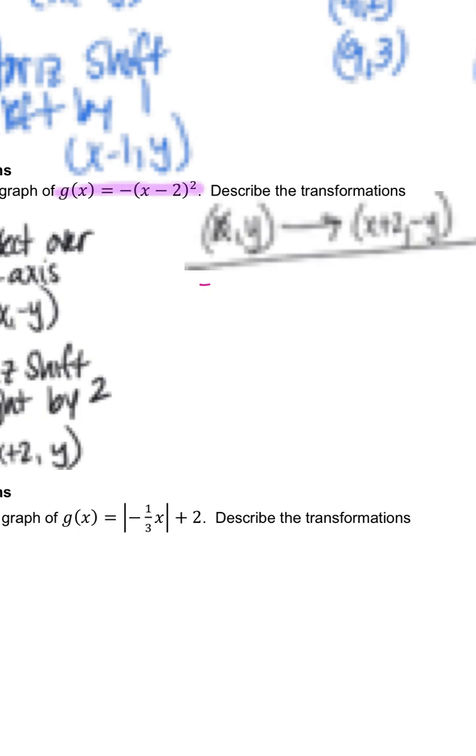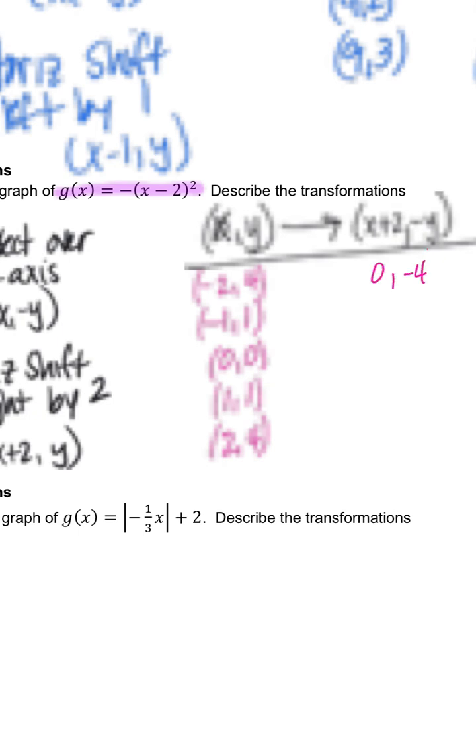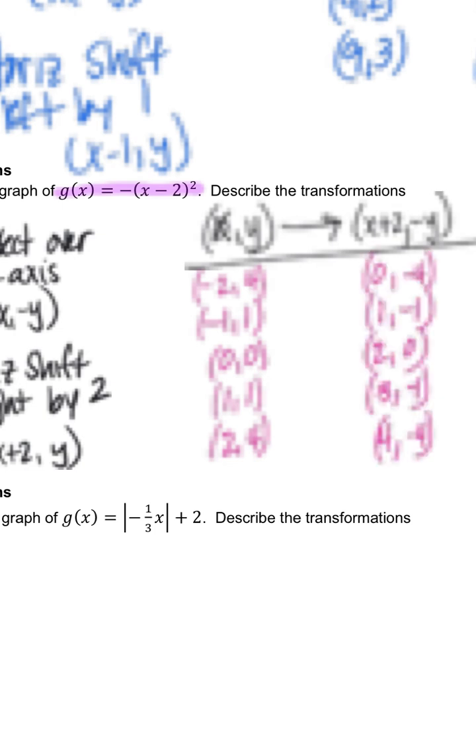So if we start with negative 2, 4, negative 1, 1, 0, 0, 1, 1, and 2, 4. All right, and our new rule is going to be to add 2 and change the sign of the y. Add 2, zeros don't have signs. So it goes really quick if you think about it that way.